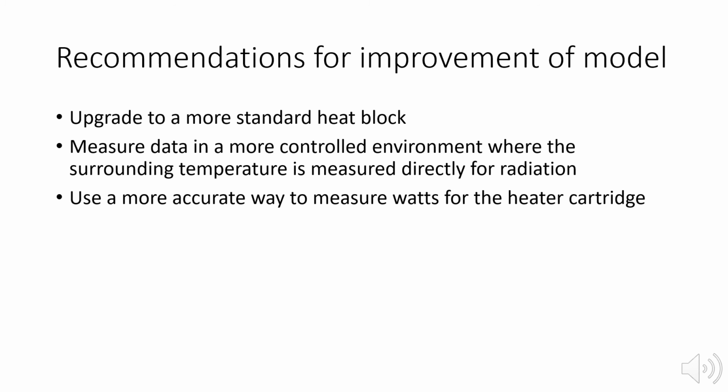The power usage before the printer turned on fluctuated roughly between 1.2 and 2.0 watts and was averaged to 1.6 watts. Measuring the power usage to the heater cartridge directly would supply the model with the most accurate E dot gen values.